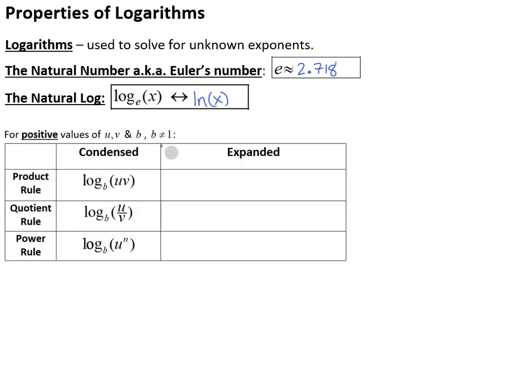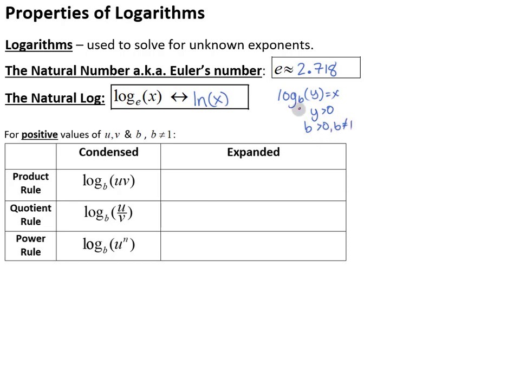Okay, so here are our 3 properties we need to learn today. For positive values of u and v, okay, so the inside values, part of our definition of logarithms is that the inside values have to remain positive. So I will stress that here, that when I have log base b of y equals x, y has to be a value greater than 0, and the base has to be greater than 0 and can't equal 1.